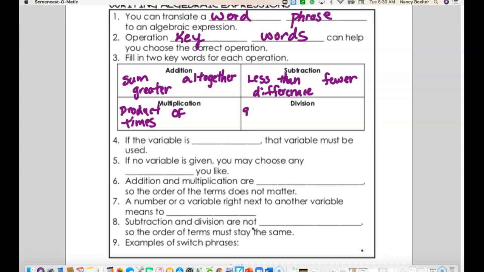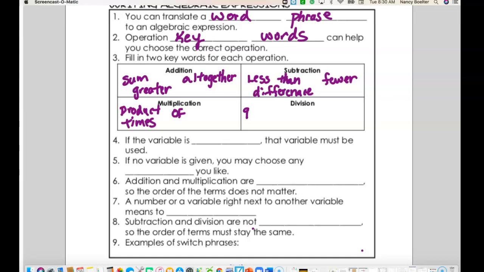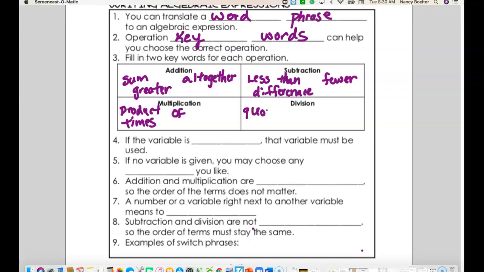Division: quotient, divided by, split, shared are all very common ones. Those are going to be your main key phrases for each of those operations.